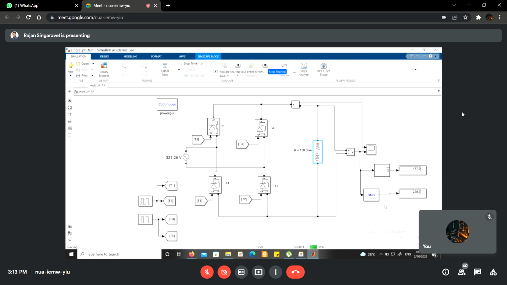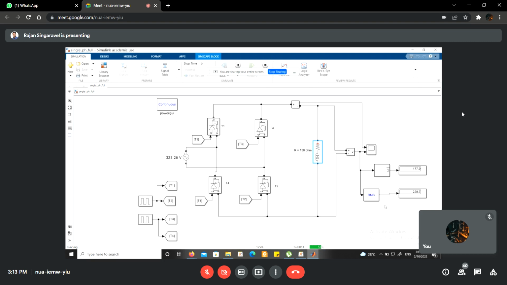Another case, in RL load, we have seen two different cases. One thing, when your inductor value is small, the current will be lagging the input voltage for a small short duration, and a small negative voltage will appear across the load after omega t is equal to pi.